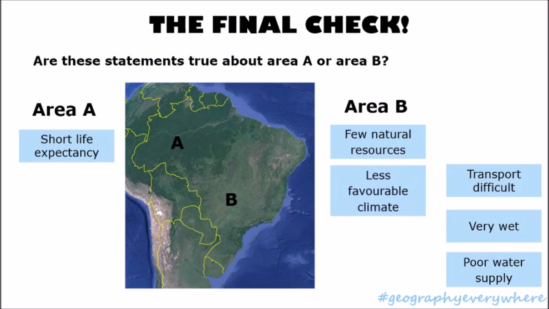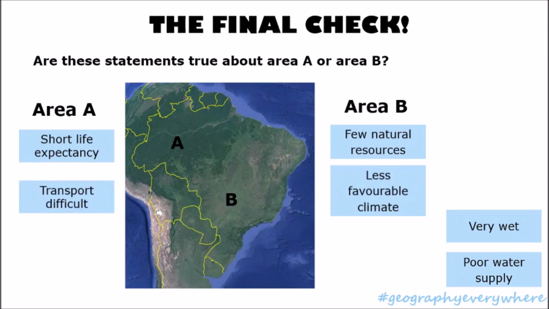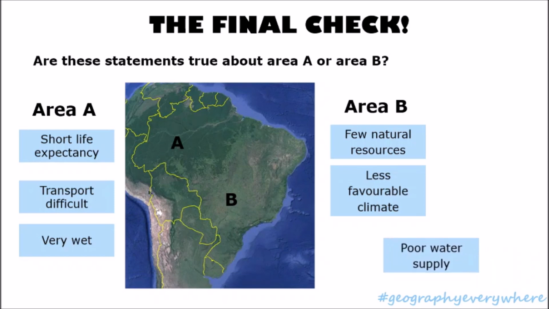This is found in Area B, where it is quite hot. The transport is difficult in Area A, in the Amazon, because villages are a number of days away from each other. The next statement says very wet. Area A, the Amazon, is very wet. Every day it rains. And finally, a poor water supply can be found in Area B.